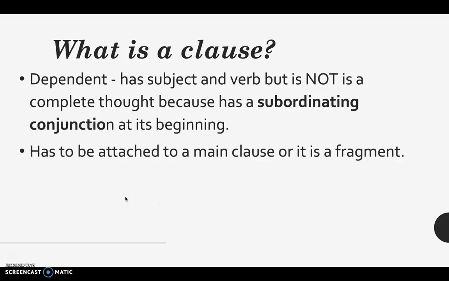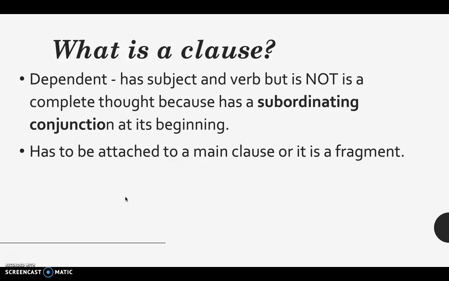All right? The second type of clause is a dependent clause, and that also has a subject and a verb, but it's not a complete thought because it has something called a subordinating conjunction at its beginning. So any independent clause can become a dependent clause by adding a subordinating conjunction, which is why we're going to talk about these together.